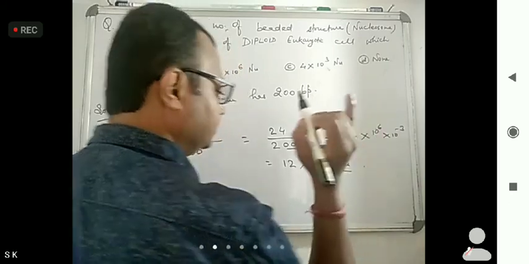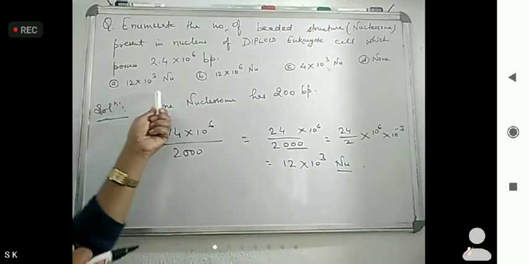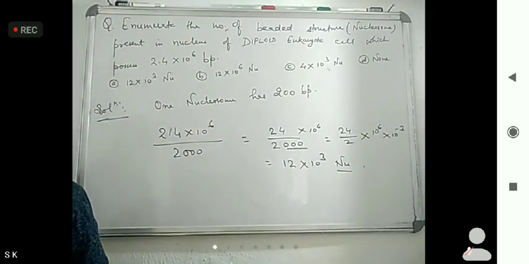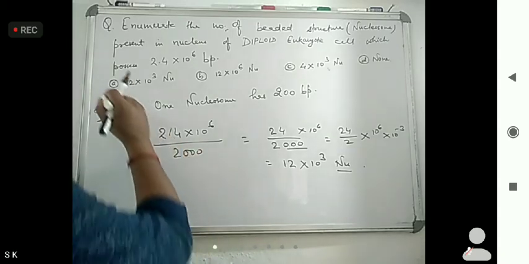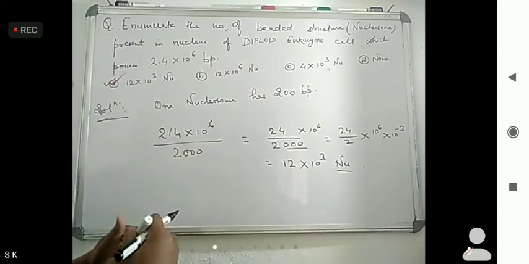So the answer is 12 into 10 to the power 3 nucleosomes.